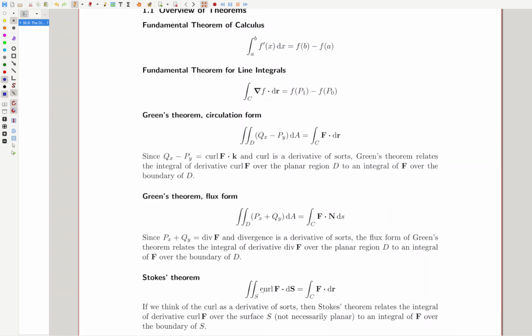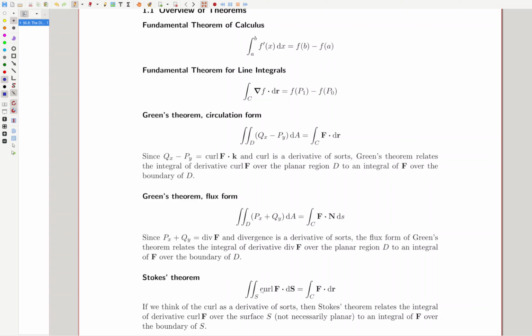In a sense, it's simplifying the integrand. So we end up having one more integral: the region we're integrating over is more complicated, but the integrand, the thing we integrate, is simpler due to the taking of the derivative.